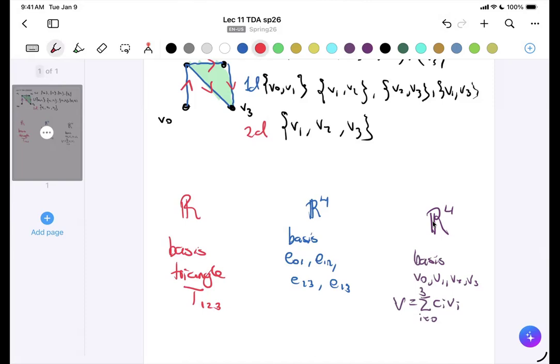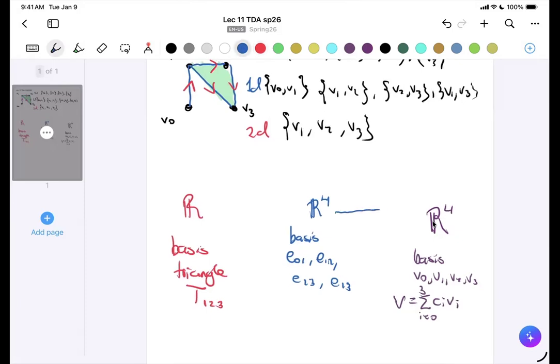So good. And again, the idea is that these maps that we were talking about before, in a sense, give you the boundary of each of these things. So for example, there is something that takes an edge and sends it to its endpoints. That's called a boundary map because it literally gives you the boundary of the thing itself.